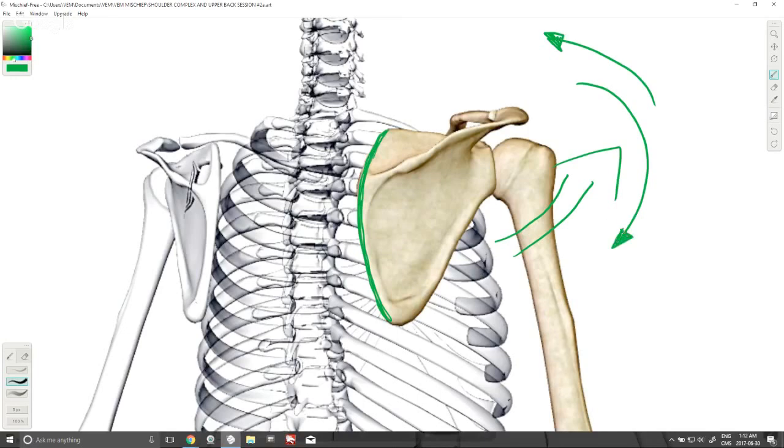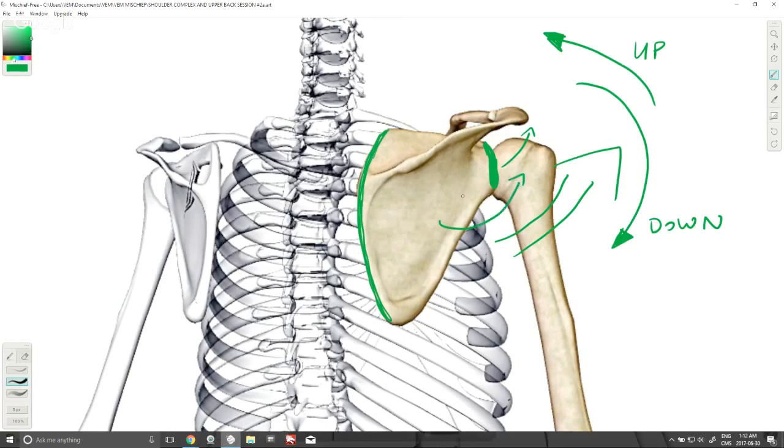The easiest way to remember this is that upward rotation, this is upward, this is down. Upward rotation, think about the glenoid cavity, right there. This joint surface pointing up. So you're tilting the scapula up.